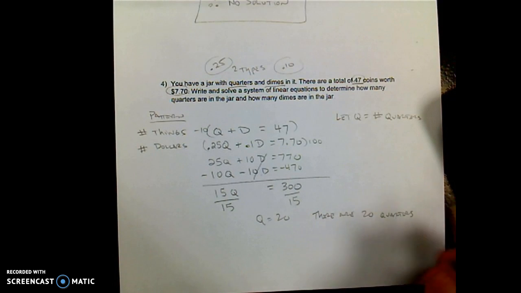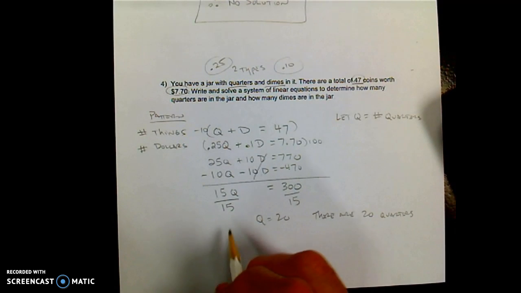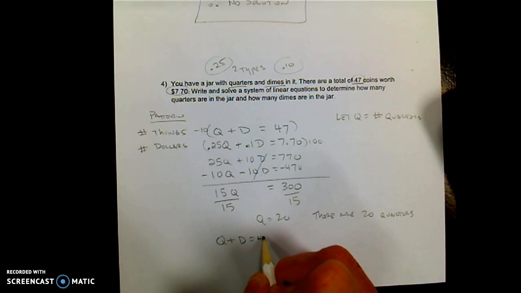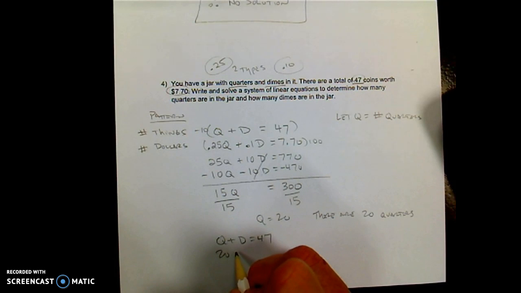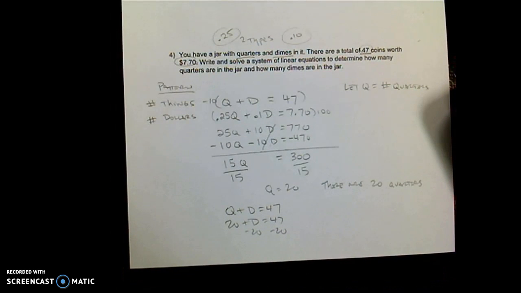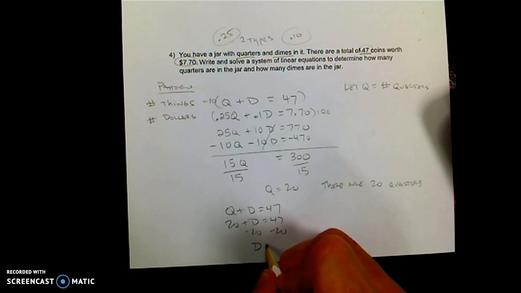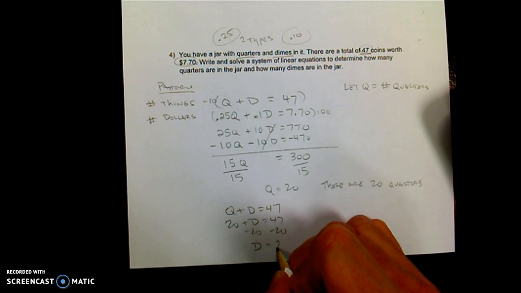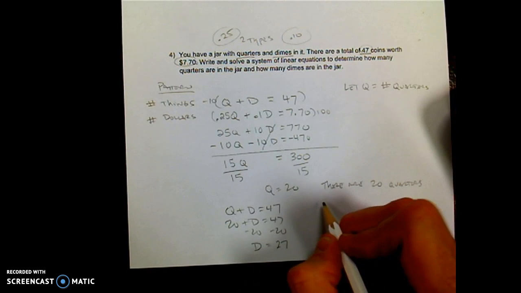Okay, how many dimes? Well, I know quarters plus dimes equals 47. So Q plus D equals 47. My Q is 20. Substitute that in. We subtract 20 from both sides and find out that D equals 27.